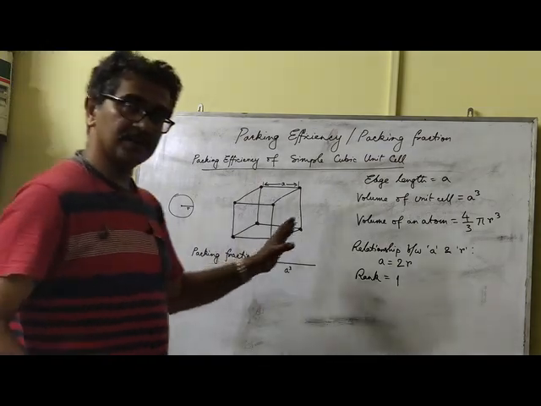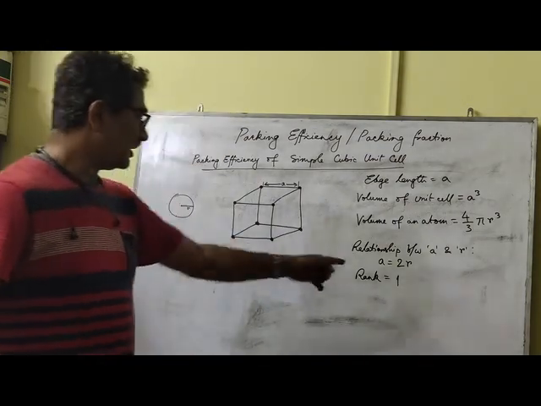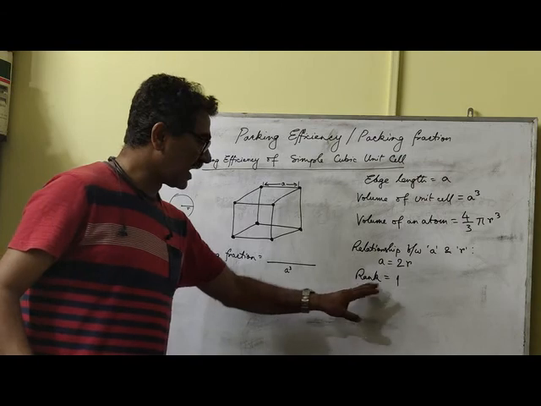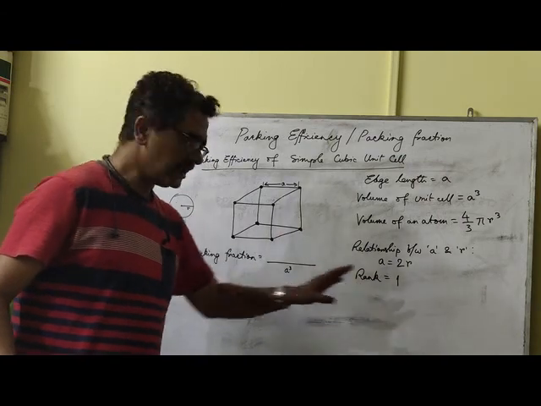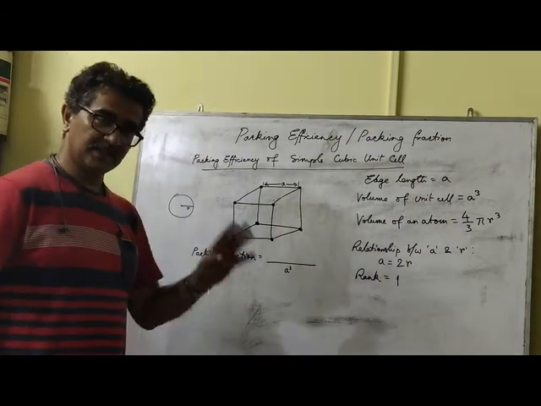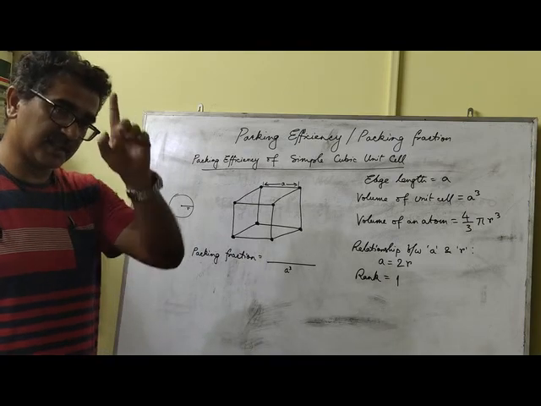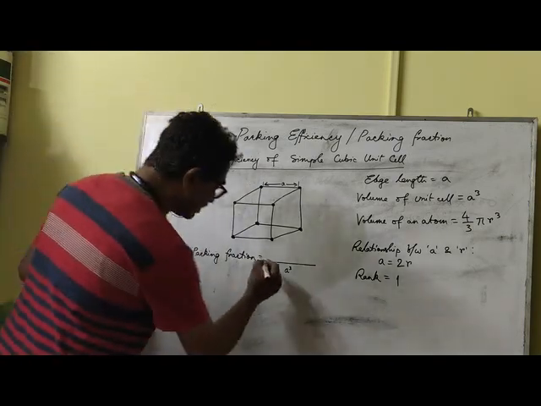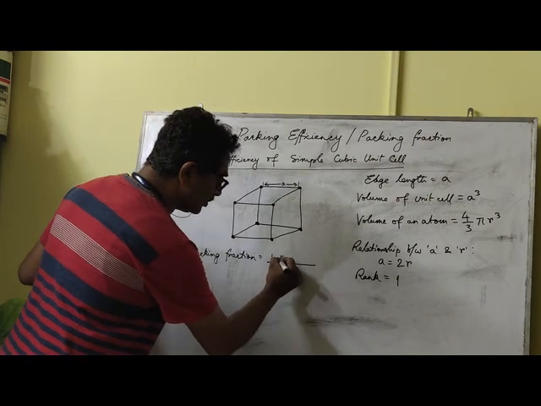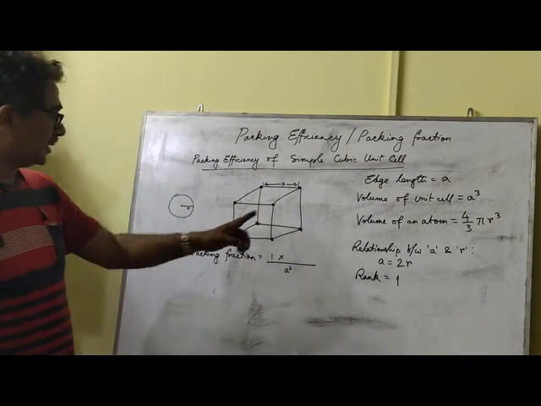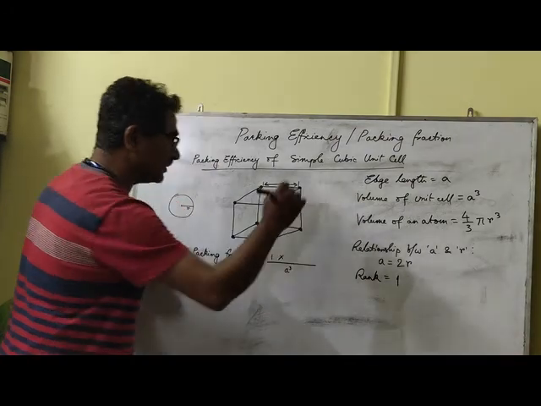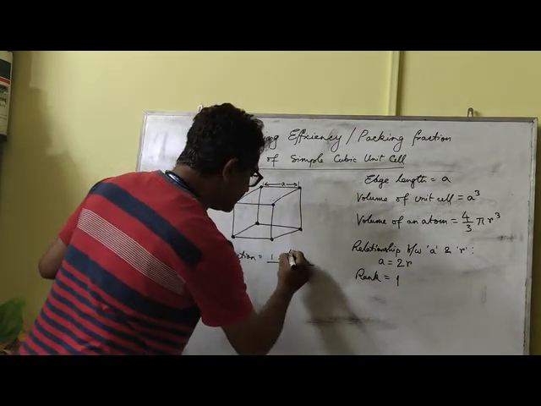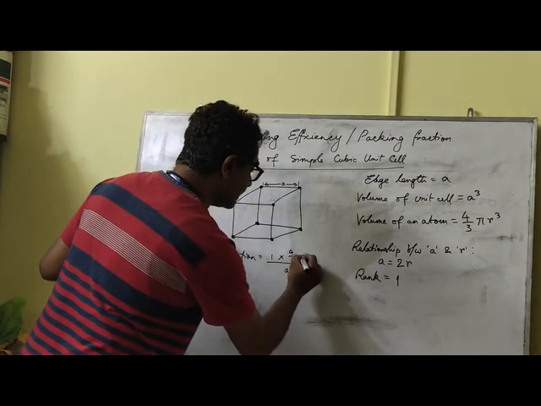And what is the volume of atoms over here? The rank of this particular unit cell is 1. So what does it mean? It means that we can assume there is simply one atom packed inside this particular unit cell. So 1 into volume of an atom. What is the volume of an atom? That is 4 by 3 pi r cube.